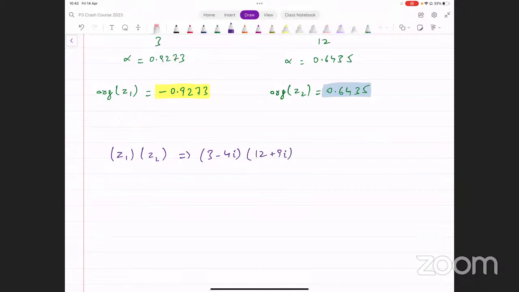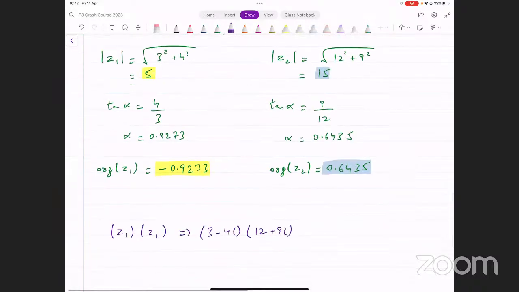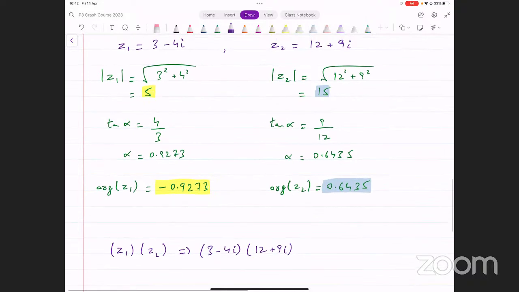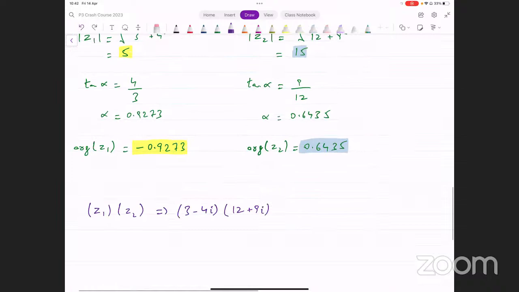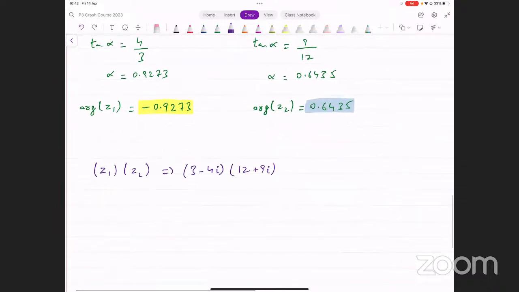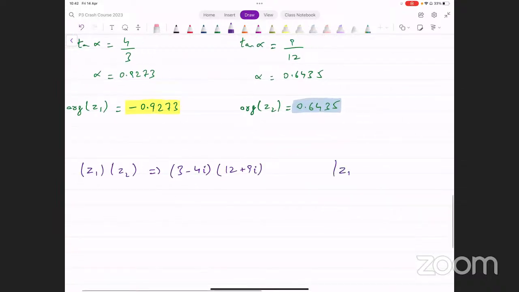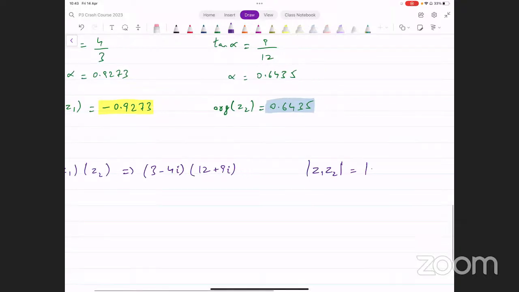If somebody was to ask me, what is the modulus of Z1 into Z2? It's going to be very simple. It would be the product of 5 and 15. So if I were to write down the modulus of this complex number, Z1, Z2, using the properties that we just did before, the modulus of the product is going to be equal to the product of the two modulus individually.